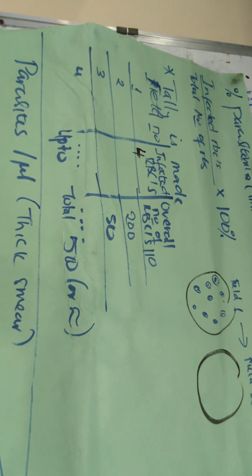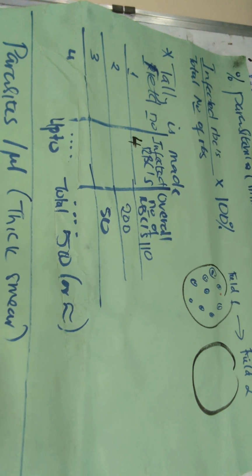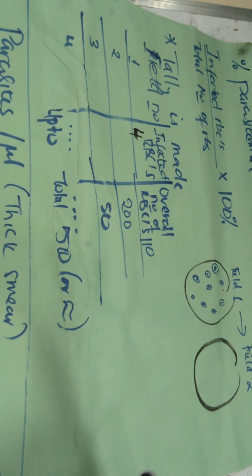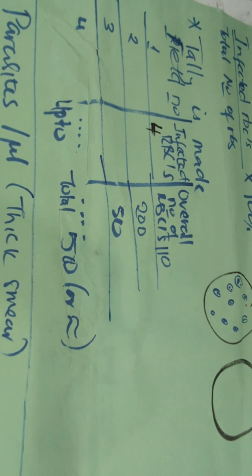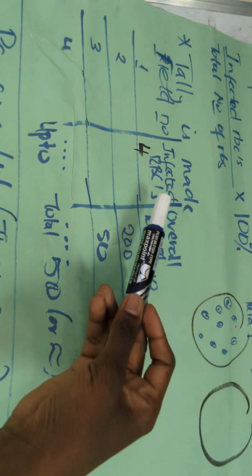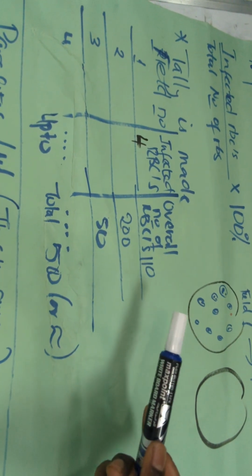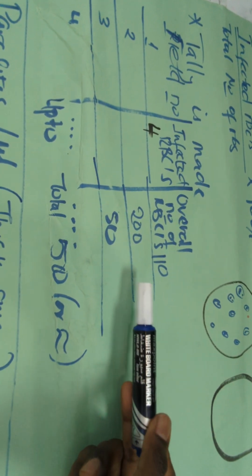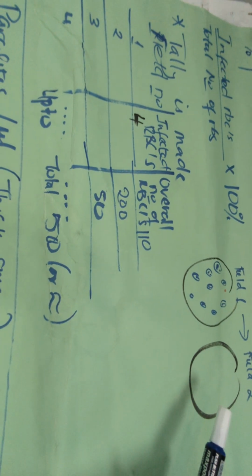So we have a different tally according to what is actually preserved and the counting elements available in the slide. So you have a tally of infected red blood cells and the overall number of red blood cells. You have a little sketch here that I did.